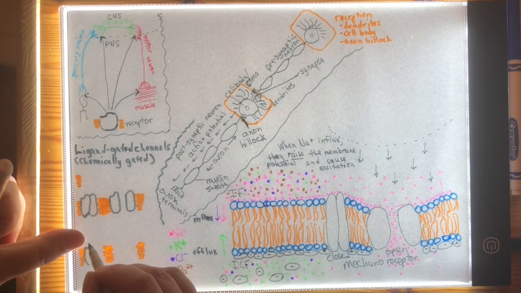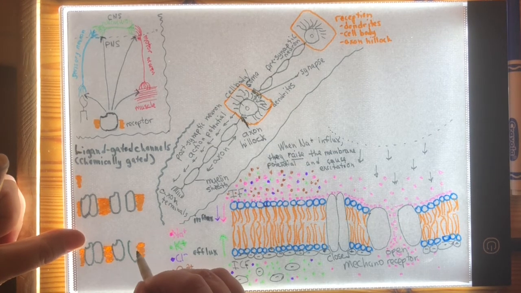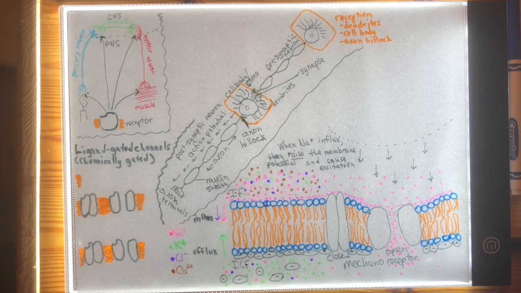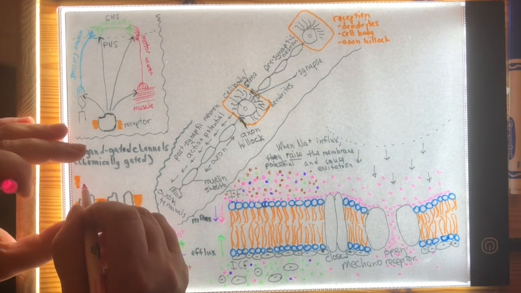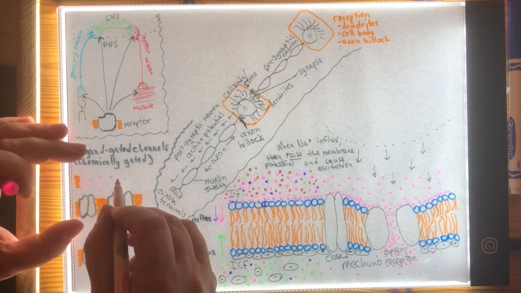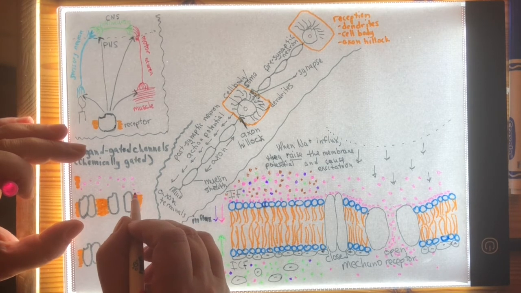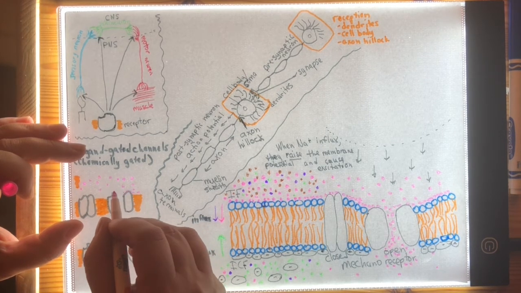I'm going to draw two different sets of these. We're just taking a small piece of the plasma membrane and chunking it out, and we're going to give two of the most straightforward examples of how this can work. So first of all, we have one particular ligand-gated channel, which is permeable pretty much only to sodium ions.